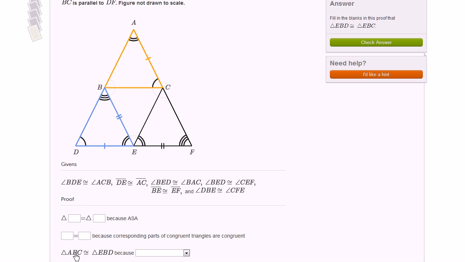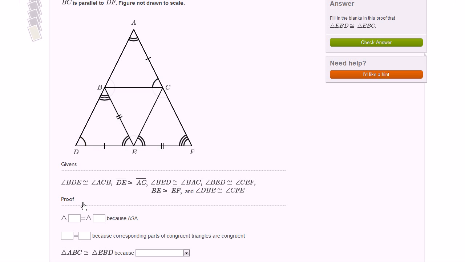Then they say that triangle ABC is congruent to EBD. So then they say that this triangle is congruent to this triangle right over here. Well, if down here they're making that statement, then up here they must want us to say that this triangle is congruent to this triangle right over here.